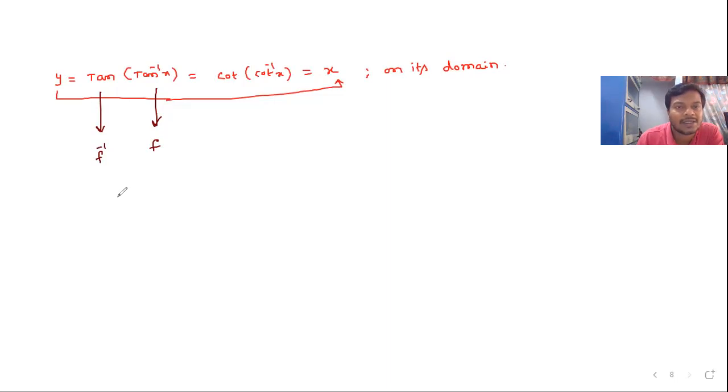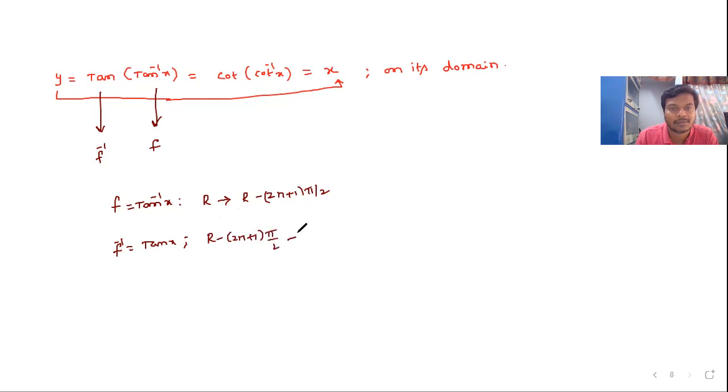We know that tan inverse of x is defined from R to R minus (2n plus 1) pi by 2, and f inverse, that is the tan x graph, is defined from R minus (2n plus 1) pi by 2 to R. These two are the same, right?